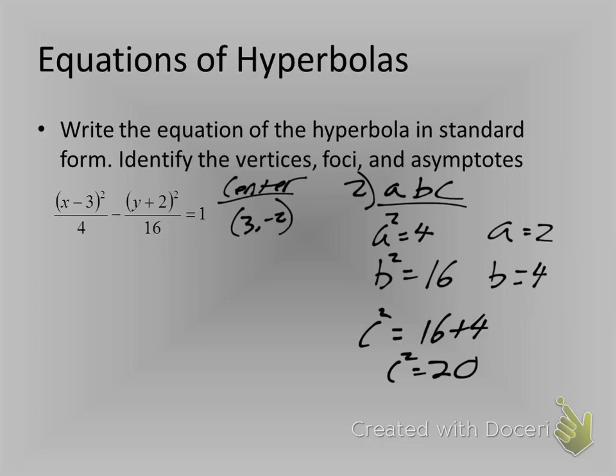The reason we need that, if you look back here on this page, is we use C to find our foci, because C is the distance between your center and your foci.